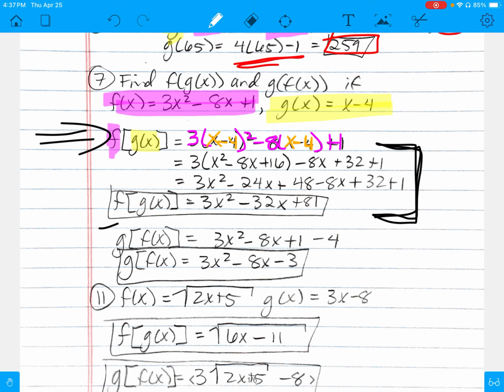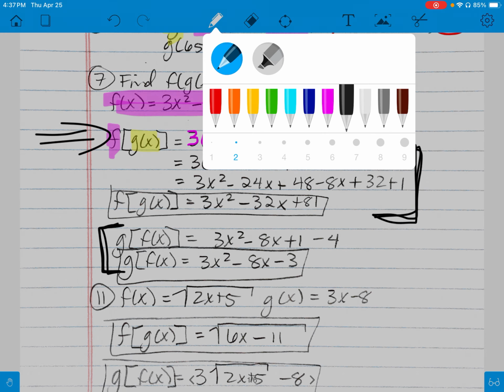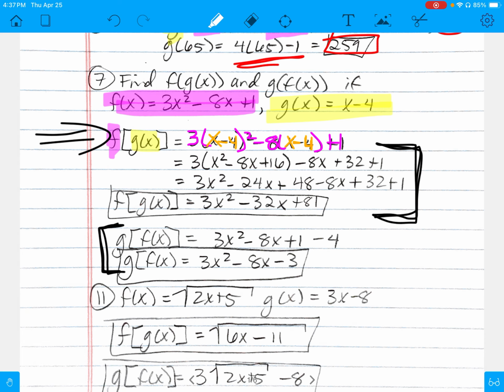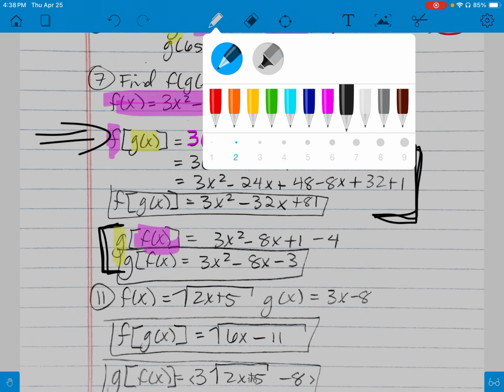The second part of number 7, we're finding g of f of x, which is the same thing, just in the opposite order. So we're actually going to start by taking the f of x function and putting it in for each x in the g of x function. So g of x said x minus 4, right? But we're going to replace the x with the f of x function, 3x squared minus 8x plus 1.